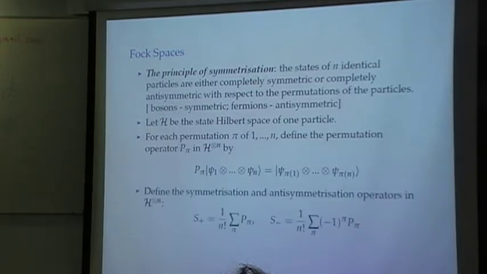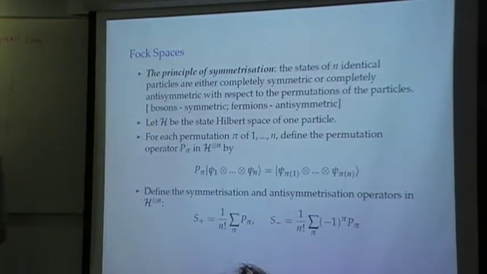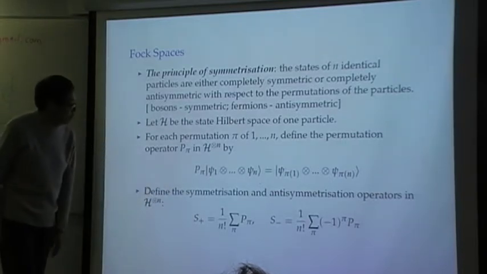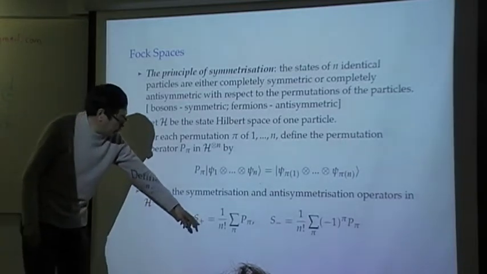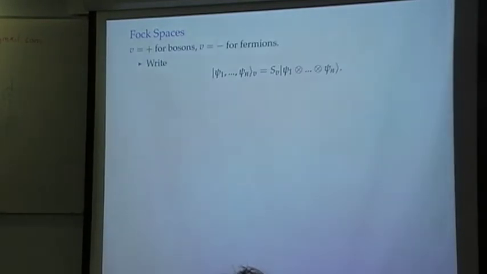Furthermore, we can define the symmetrization and antisymmetrization operators S plus and S minus, which is just the summation of these permutation operators. But here we need to consider the symmetry or antisymmetry. If symmetric, then we use the plus, and otherwise we use the minus. So, as I said, we use the plus to denote the bosons and the minus for the fermions.